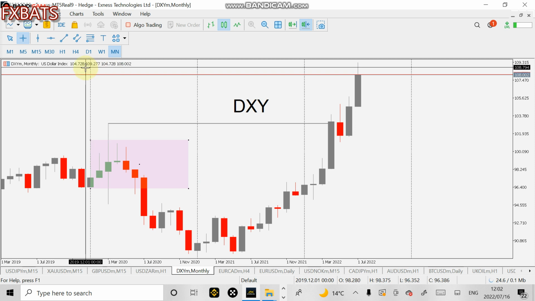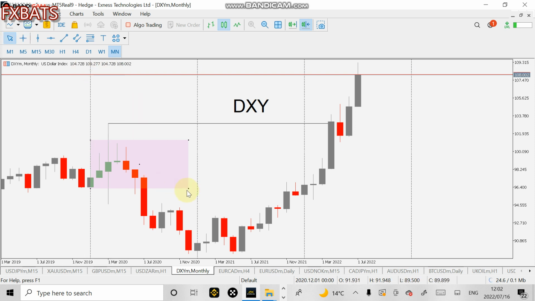You could say the dollar index was in a state of consolidation. Technically we call this a distribution phase. A distribution phase is a phase where the institutions keep on accumulating orders.